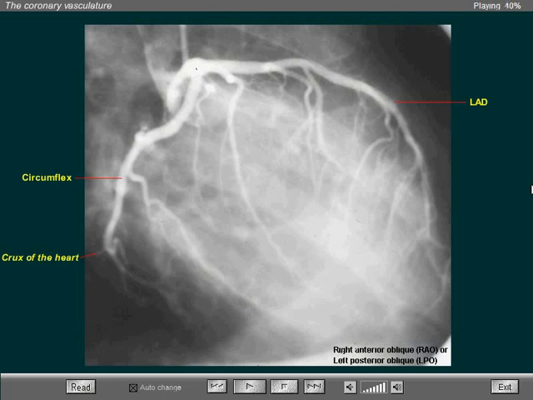Crux means cross, and it is there where the right coronary artery normally bends and continues, usually as a posterior descending branch of the coronary artery. It is also there where we see the origin of the branch to the AV node, which usually comes off the curve formed by the right coronary artery.